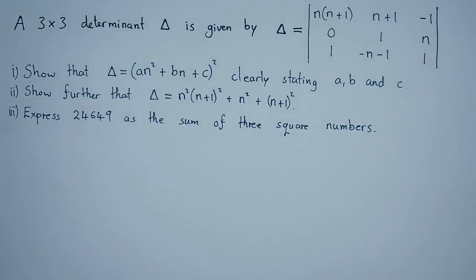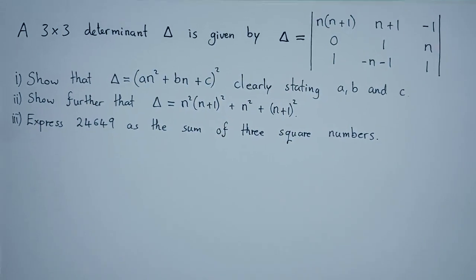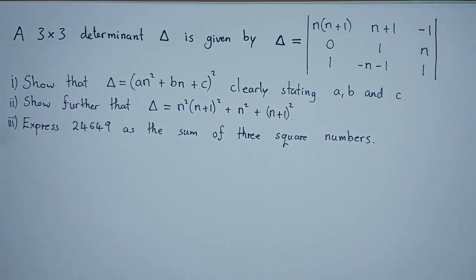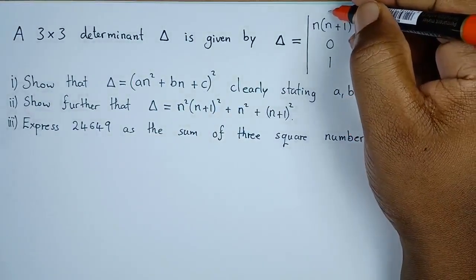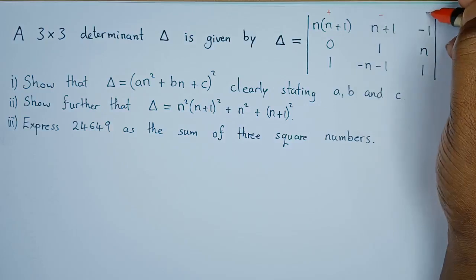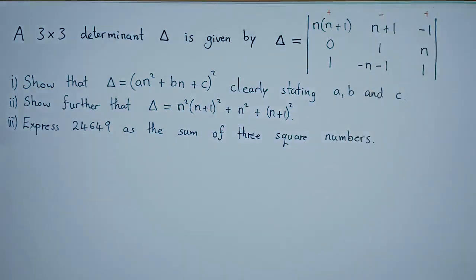Now, to find the determinant, there are a few things that you need to know. The first thing is that, from the first row, this is a plus, this is a minus, this is a plus. Or if you want, you can use a diagonal method. Either way, you still get the same result.